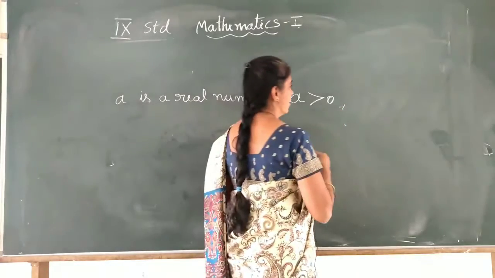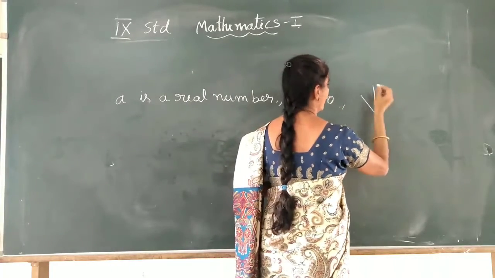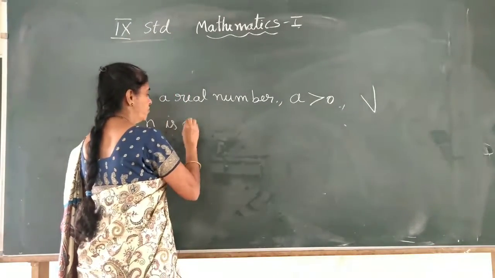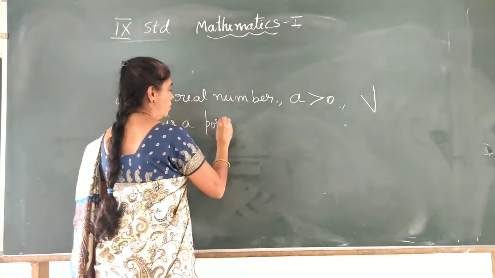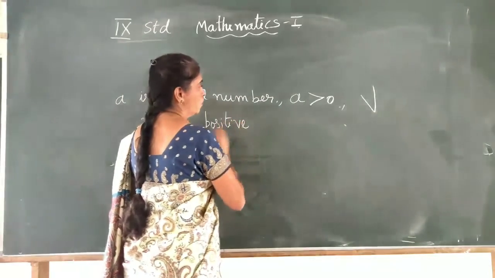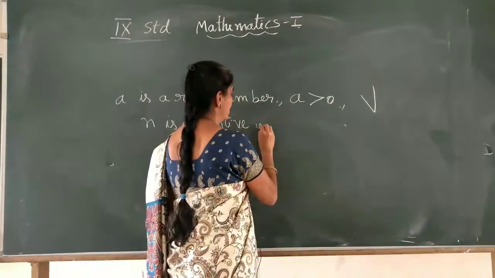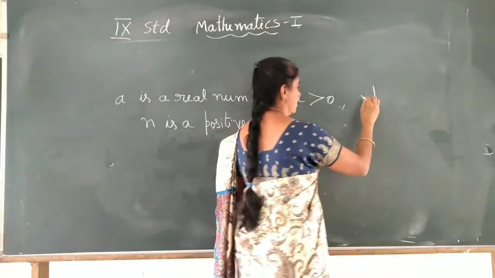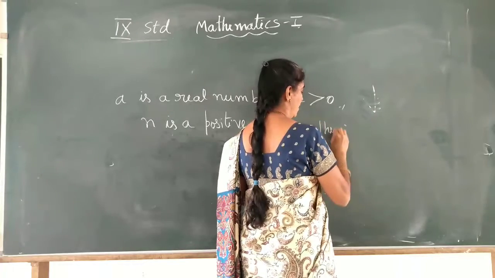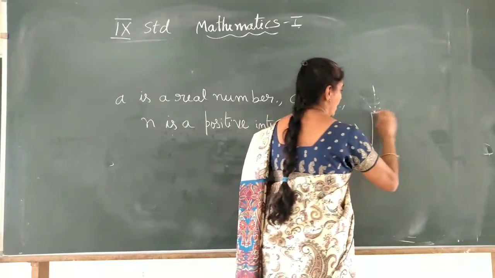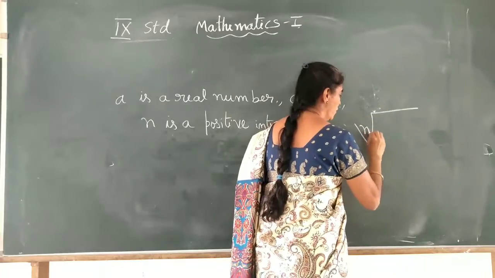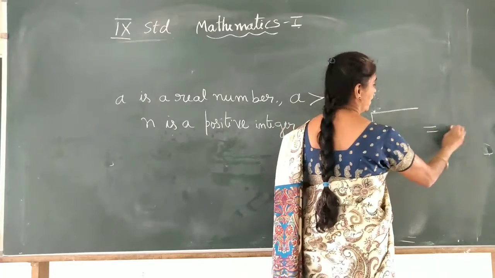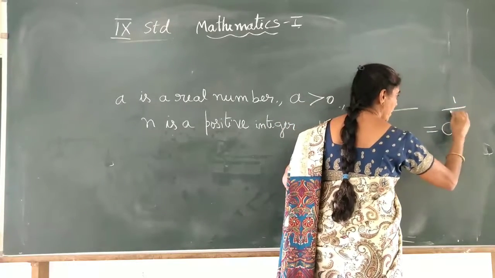and n is a positive integer, then the nth root of A is equal to A to the power of 1 by n.